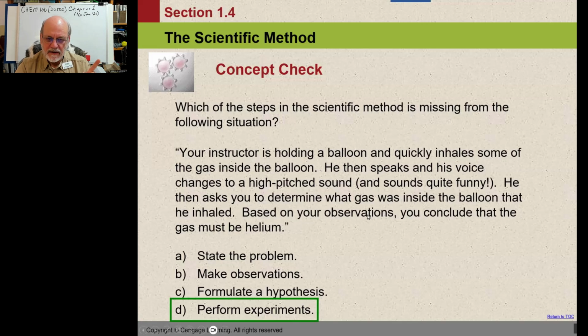You believe, based upon your observations, that the gas is helium. That's your hypothesis. But we can't confirm it without an experiment. Okay, there we go. So the only thing missing here is experimentation to prove that your hypothesis is correct, that you think it's helium.